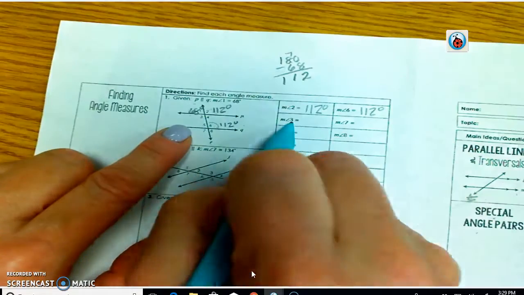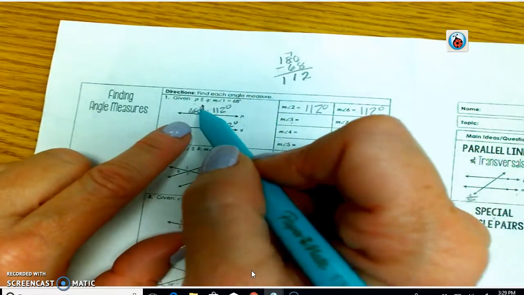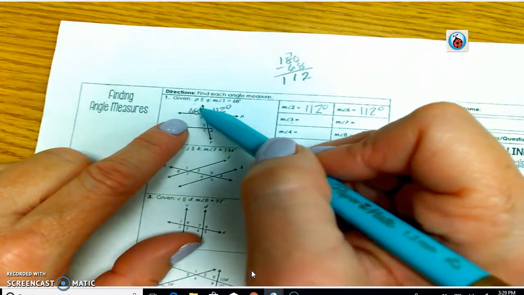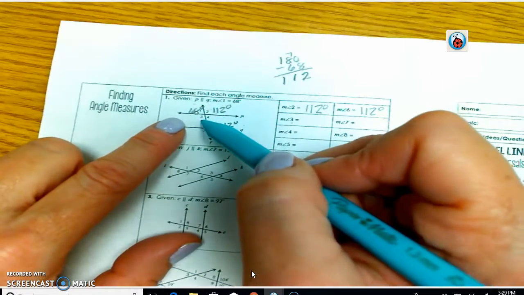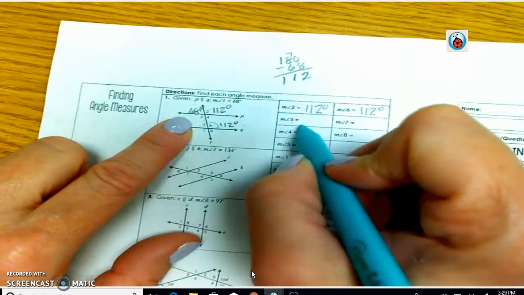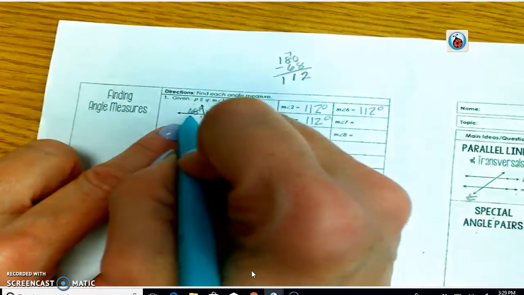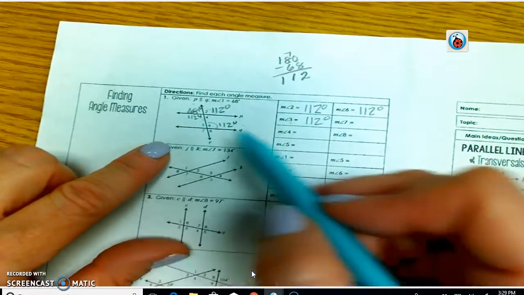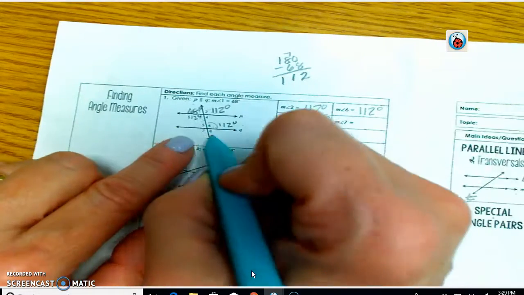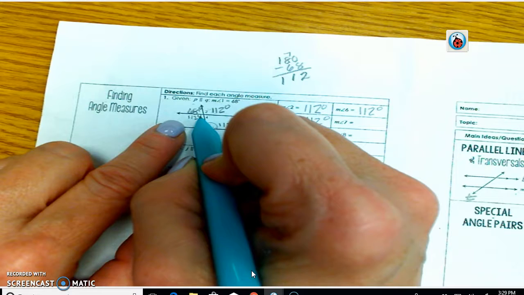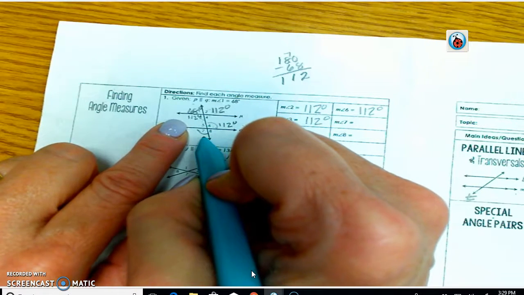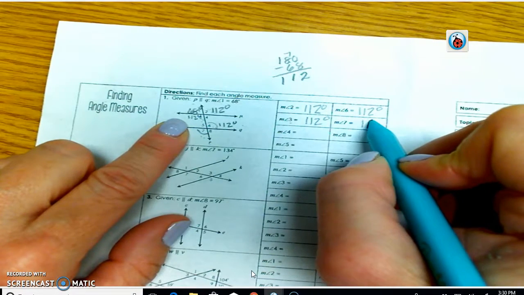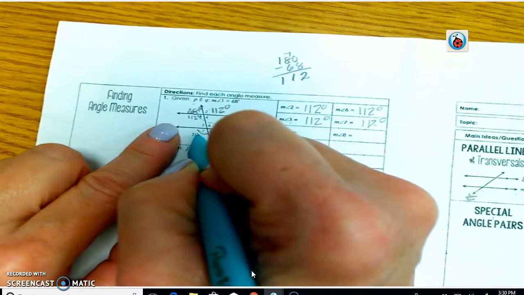Take a look at angle 3. Angle 3 is supplementary to angle 1. So once again, angle 3 would be 112 degrees. And then from there, we can find the rest of the measures. Angle 7 corresponds with angle 5. Is that angle 5? I'm sorry, that's angle 3. Angle 3 and angle 7 are corresponding, so that would also be 112 degrees here.